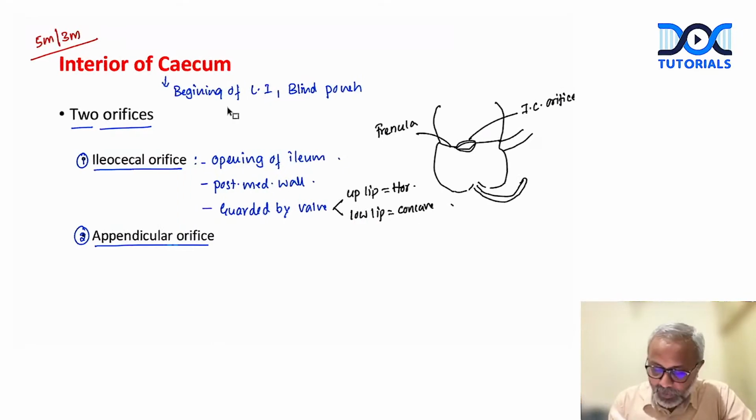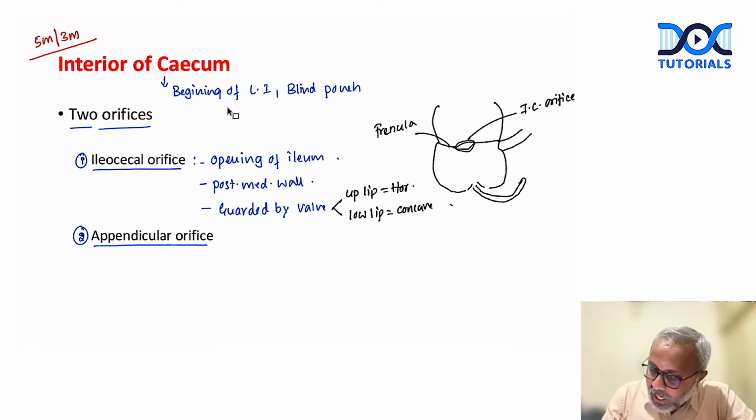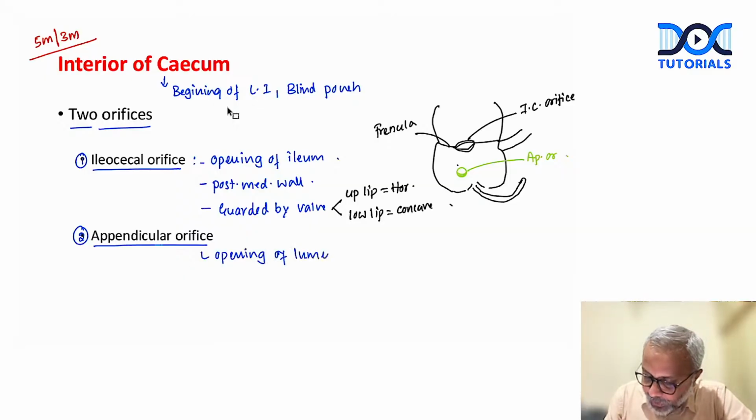Then what about the appendicular orifice? About 2 to 2.5 centimeters below, we have one more small orifice. Okay. Now this orifice is what we call the appendicular orifice. So what is the appendicular orifice? Remember, this is the opening of the lumen of the vermiform appendix.